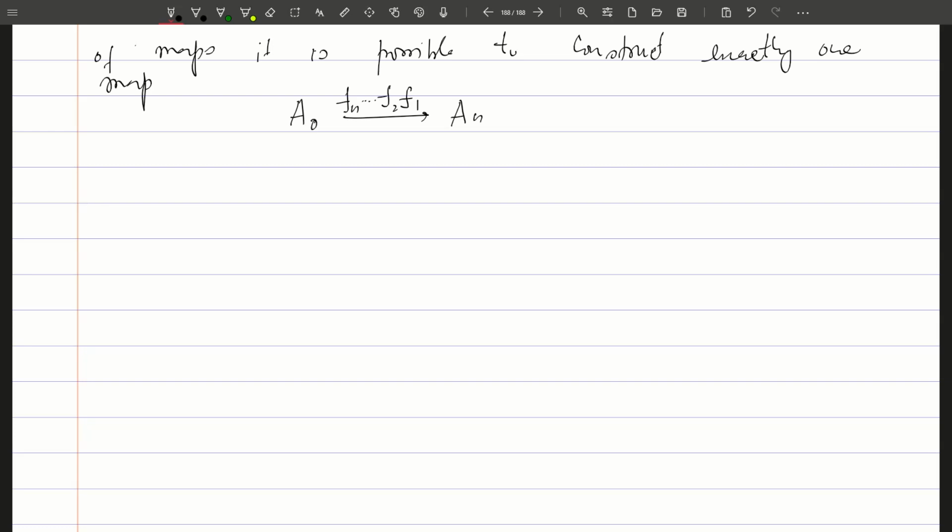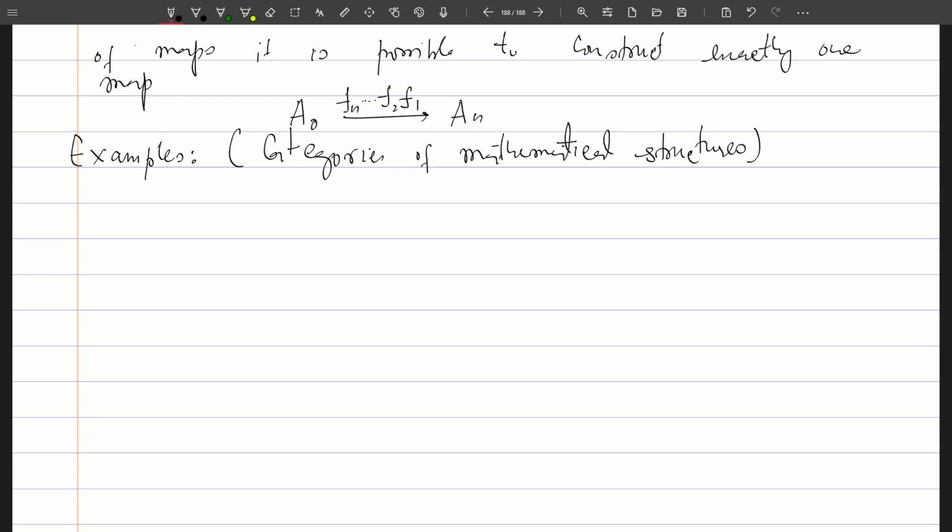Now let us mention some examples of categories. These examples are the categories of mathematical structures.